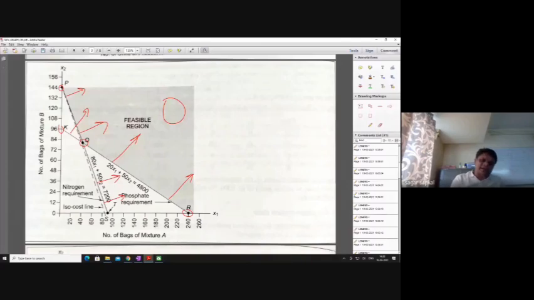Now minimization is there. So you can come from infinity towards 0, 0 and see the point where minimum solution is possible. Okay, so these are the 3 points which can be considered for extreme point enumeration case. Now can you tell me the values of these 3 points?